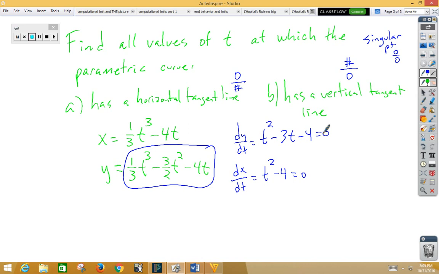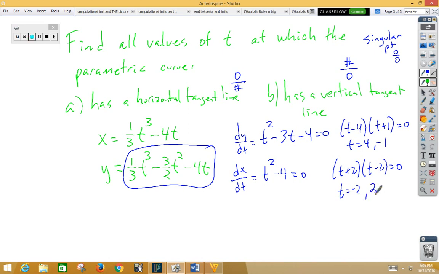In each one of these cases, they factor, so we get t minus 4, t plus 1. So, could be 4, could be negative 1. Down here, we get t plus 2, t minus 2, difference of squares. So, t is negative 2, and t is positive 2.